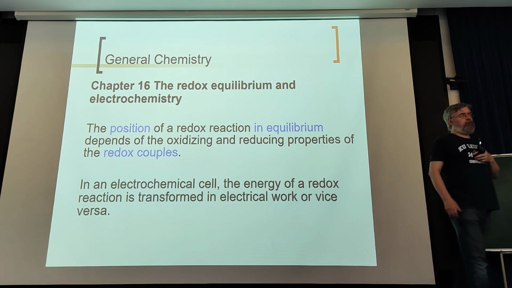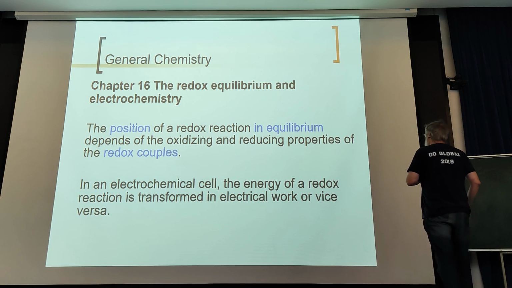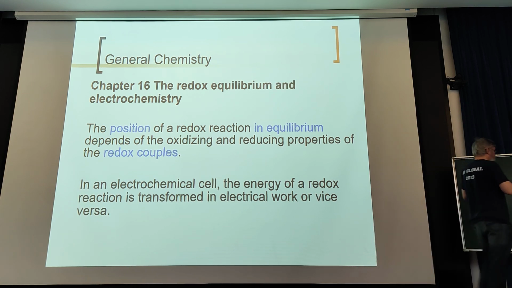And so the direction of the reaction actually depends on how oxidizing and how reducing are these redox couples. And we move always to the direction of the weakest oxidant and the weakest reductant. But how do we determine what is strong and what is weak? Okay, we're going to get into that in a moment.